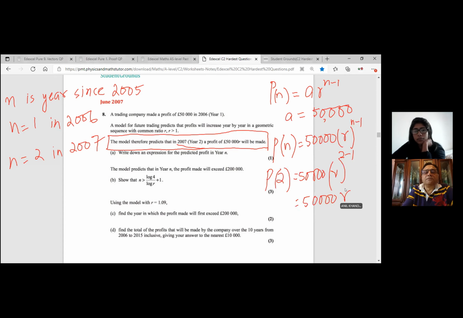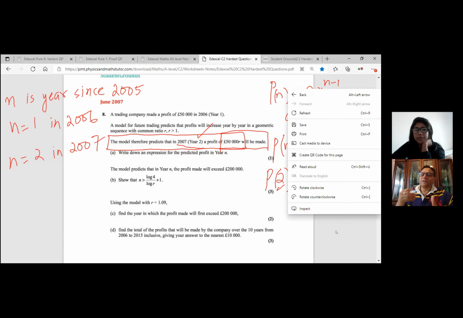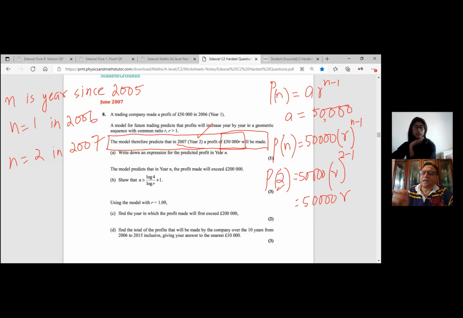So that confirms the statement where it is written that in 2007, which is year 2, we have a profit of 50,000 times R. And every year it will be times R, times R, times R, because it is a geometric series.